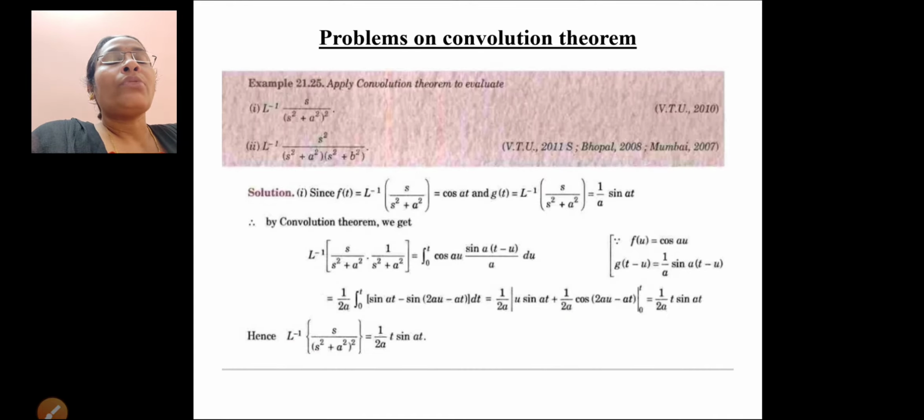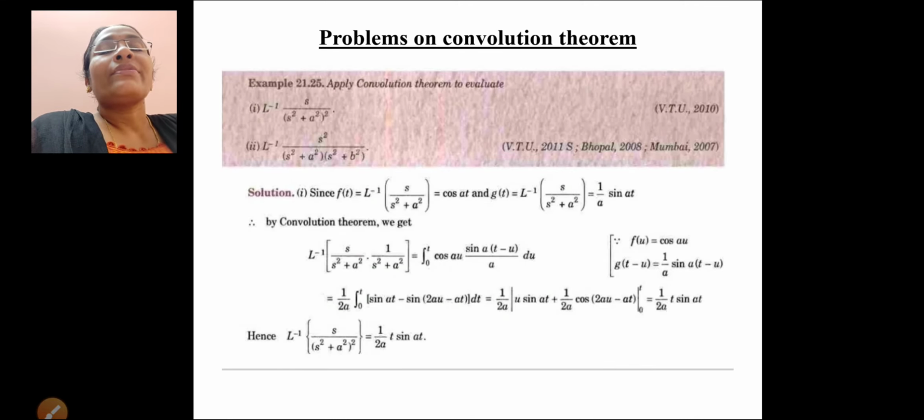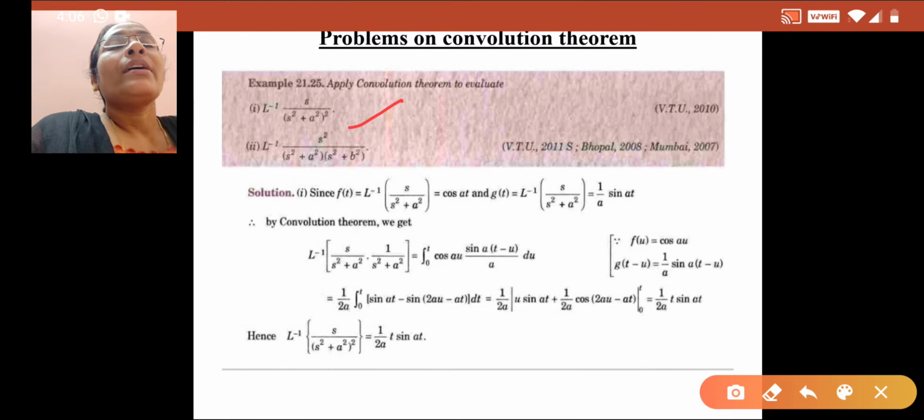Here we have to note one more point. The problems in which we find inverse Laplace transforms using the convolution theorem can be solved by using partial fractions also. In particular, if the problem simply asks to find L inverse of s by s square plus a square whole square, we may follow either partial fractions or the convolution theorem.